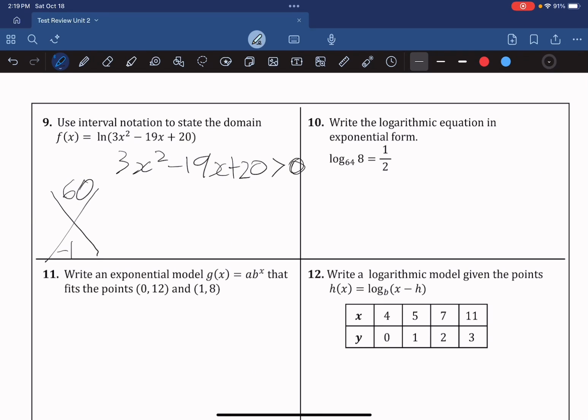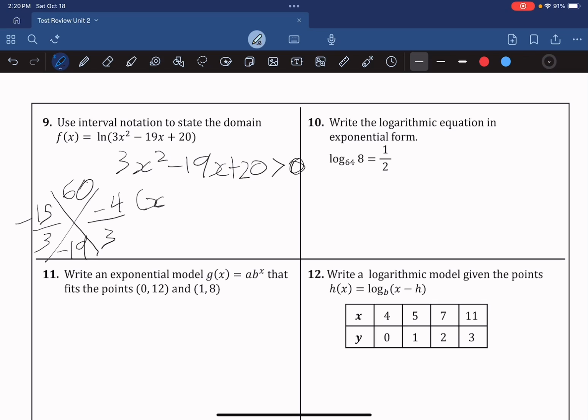Drop the negative 19 and put 3's under. All right, so what times what equals 60 and adds up to negative 19? So that'd be negative 15 and negative 4, right? So negative 15 over 3 cancels to negative 5. Sorry.